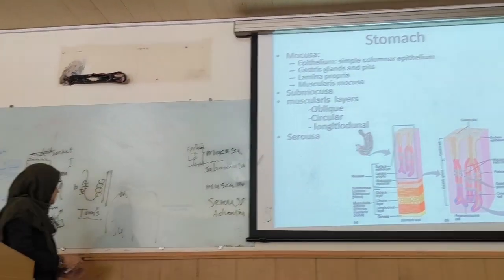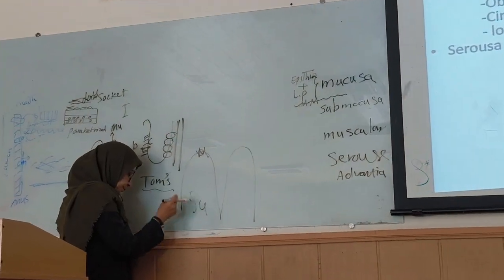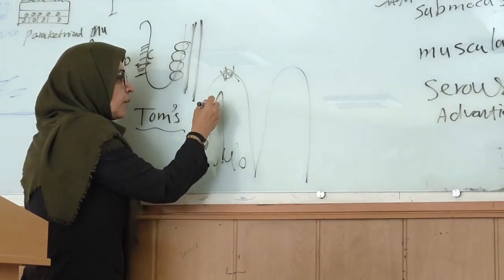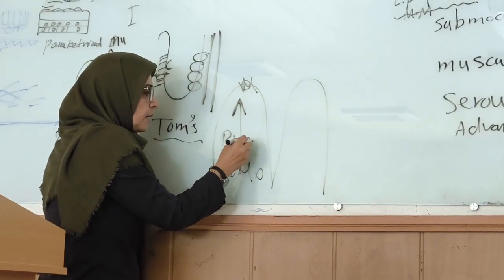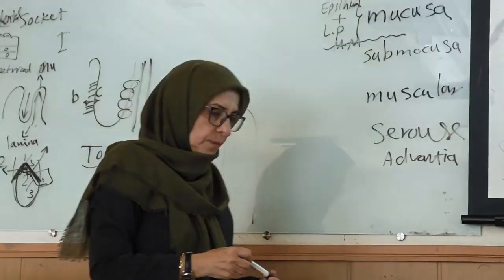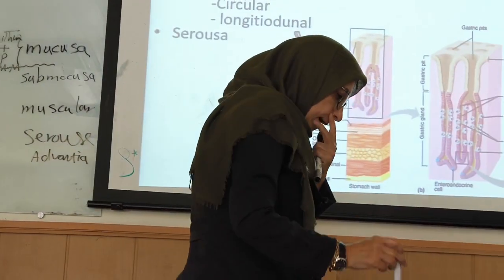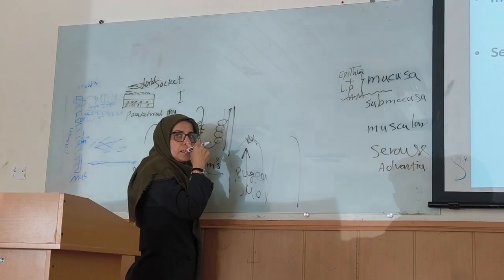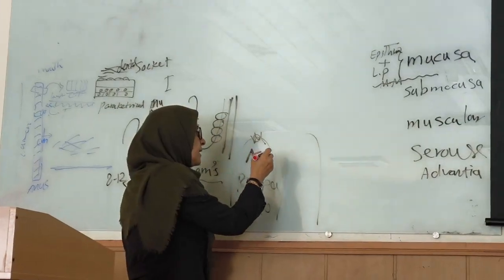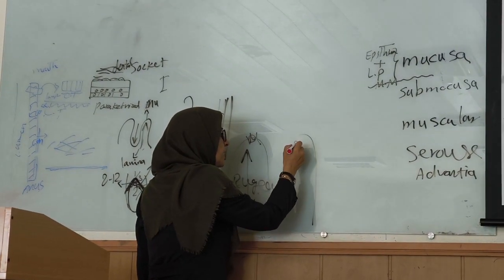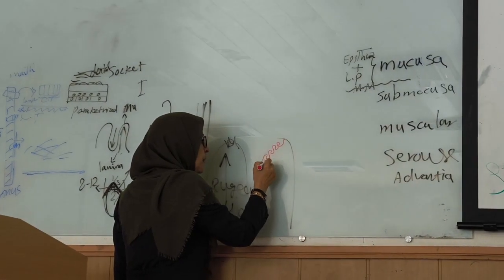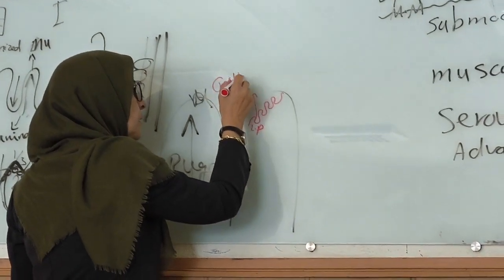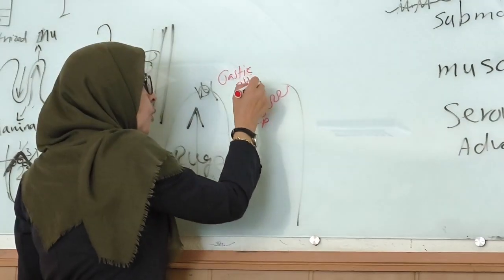Again, the protrusion of the submucosa into the mucosa is named rugae. On the other hand, the mucosa, or the epithelial cells, invaginate into the lamina propria and form the gastric pits or glands.